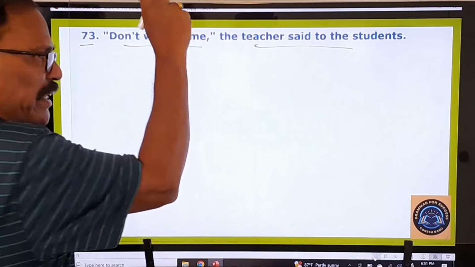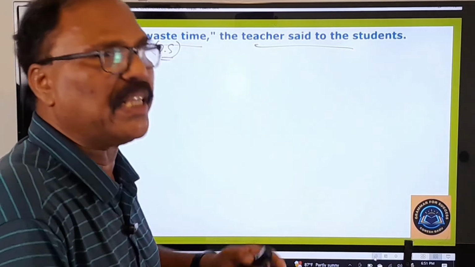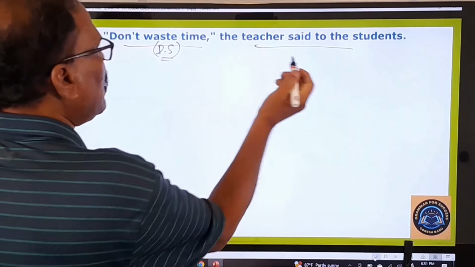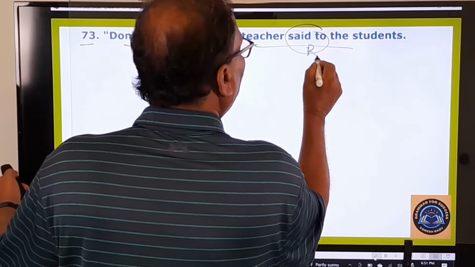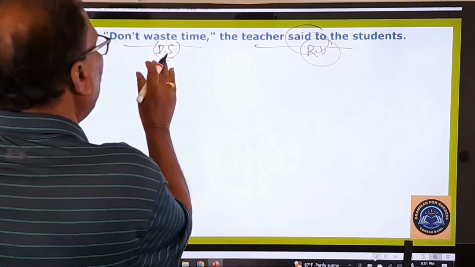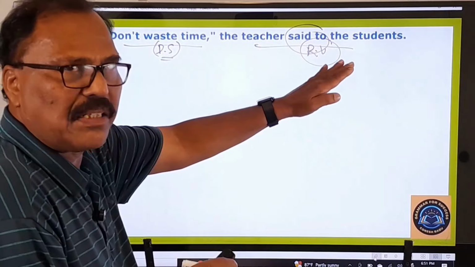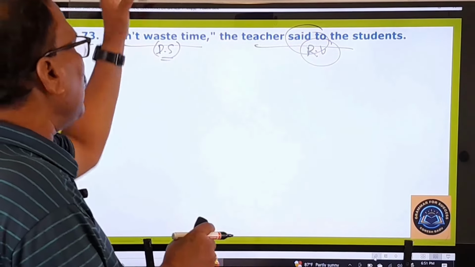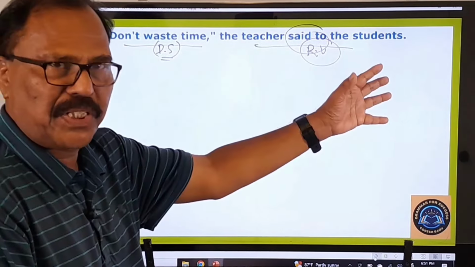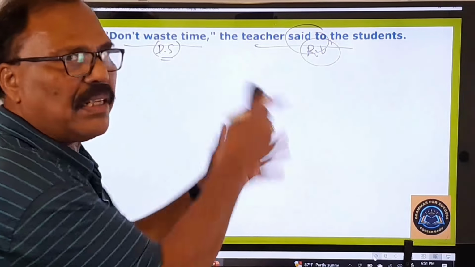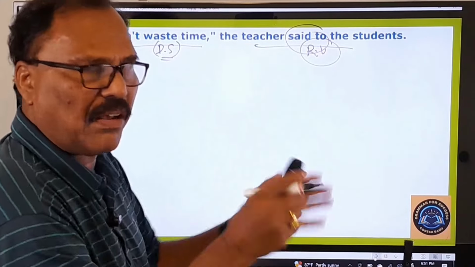Only what is in inverted commas is direct speech, whatever it is. That's all. And this is called the reporting verb. Here the direct speech is given first and the reporting verb next. Generally the reporting verb is given first and then the direct speech, but here the order is just vice versa. Okay, no problem.